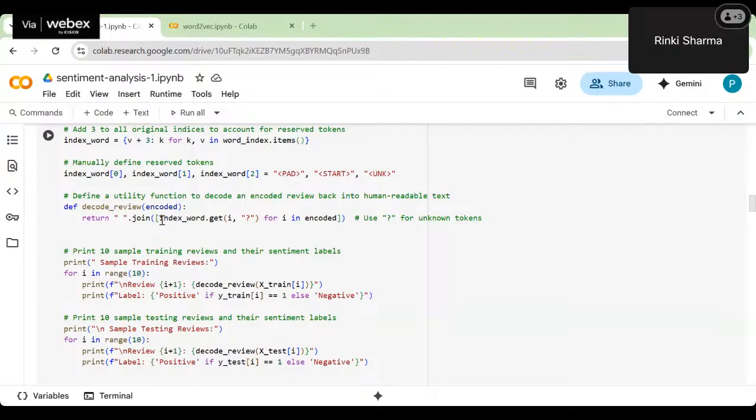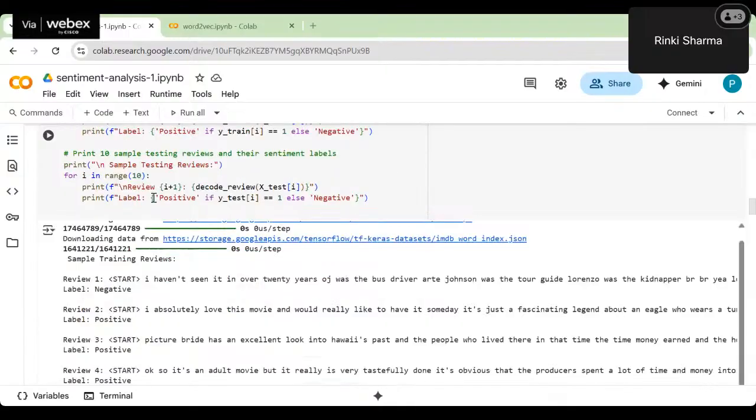This is the first review and its corresponding label as negative. This is the second review and its corresponding label as positive. So these are the 10 reviews that we have printed for the training data. Similarly, we have printed the testing data, here also 10 reviews with their corresponding labels.